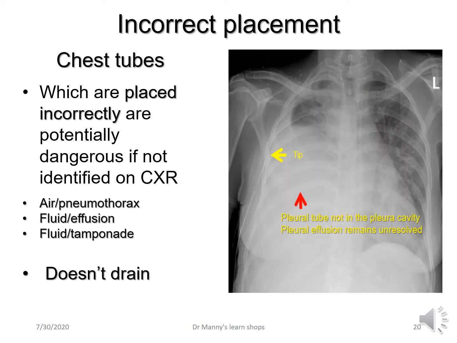Here's an example where the tube was inserted for a pleural effusion, or a hemothorax, or to drain some sort of fluid. But it doesn't seem to be doing what it's supposed to be doing. The tube, because again this chest x-ray would have been taken after the tube had been placed to see the position of the tube and to see whether it drained the hemothorax, or enough of the hemothorax, or enough of the pleural effusion.